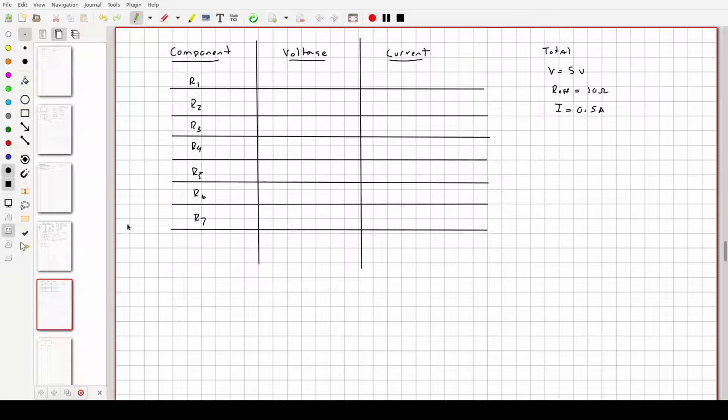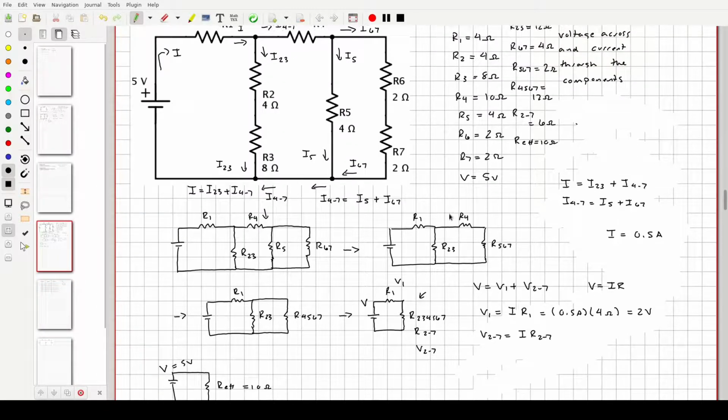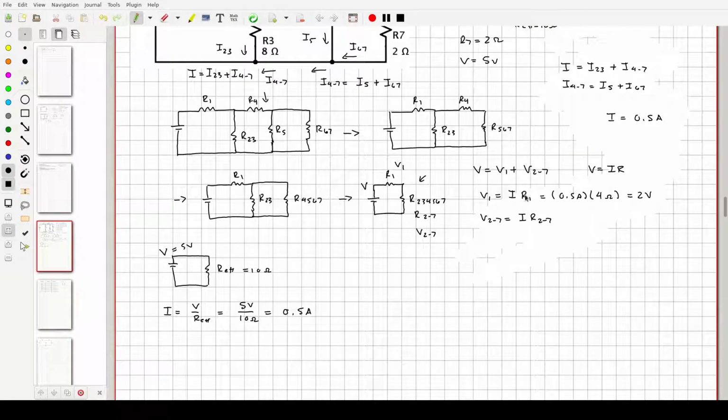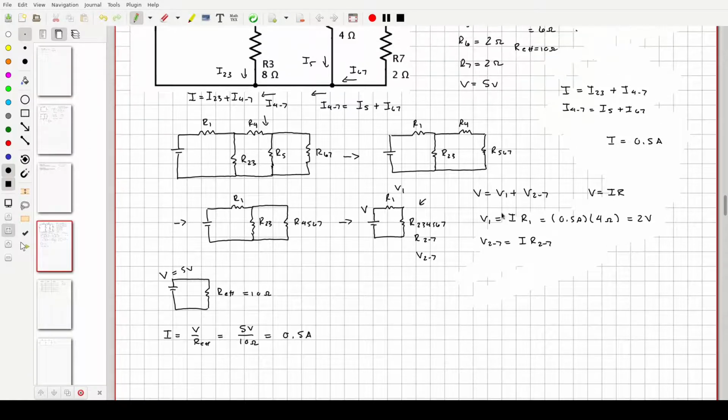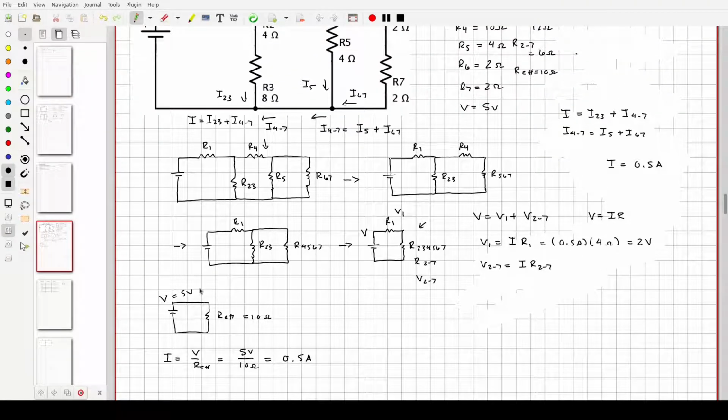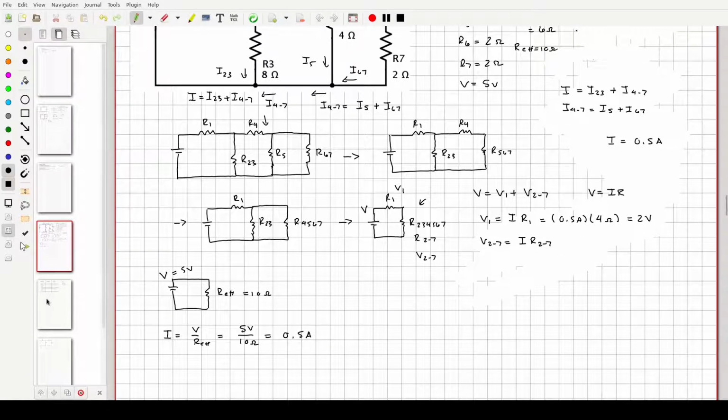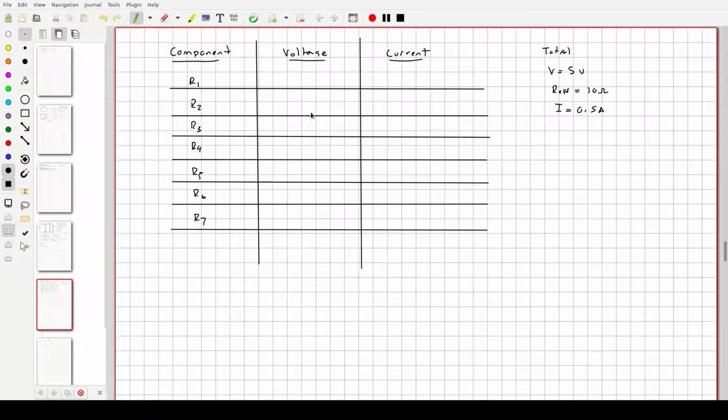Okay, so what we found over here was the voltage and also the current through R1. The voltage is 2 volts. The current is the original current that we started off with, half an amp.